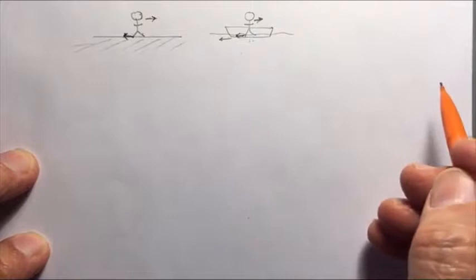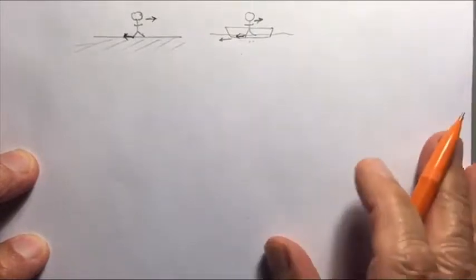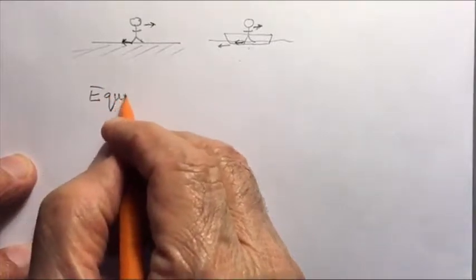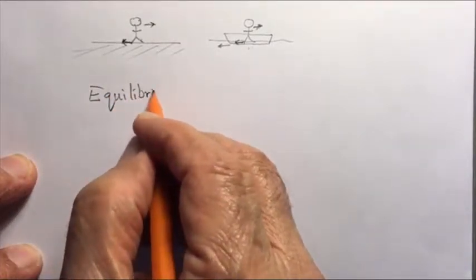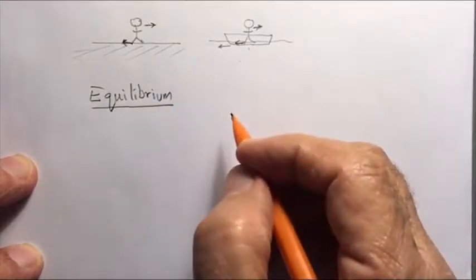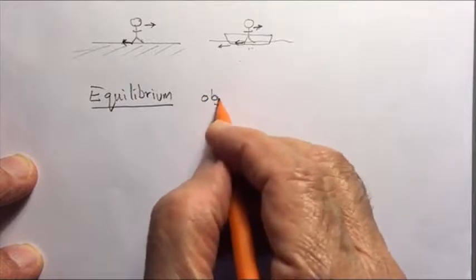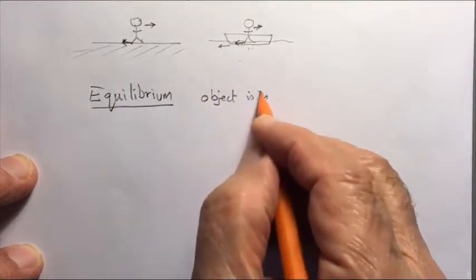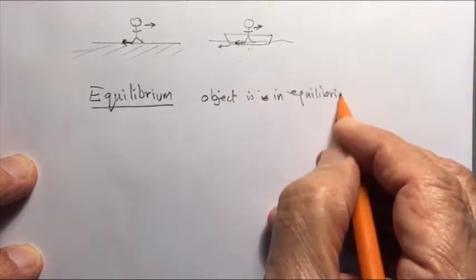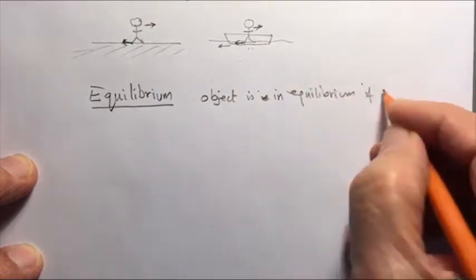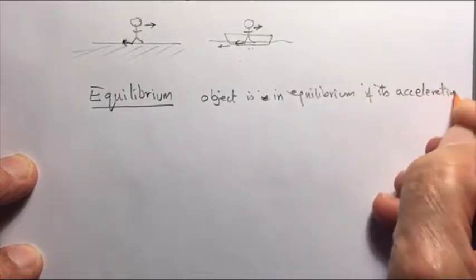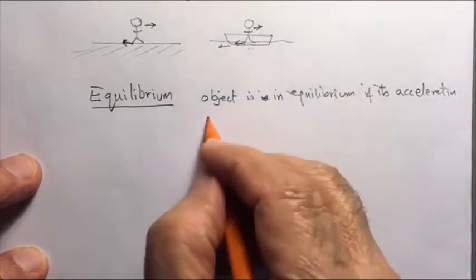So now we look at equilibrium, and we'll have to see what we mean by equilibrium. This can be defined as a condition in which an object is in equilibrium if its acceleration is equal to 0.